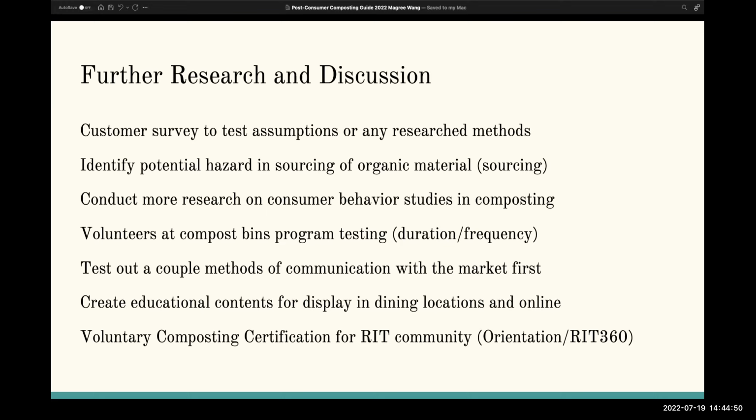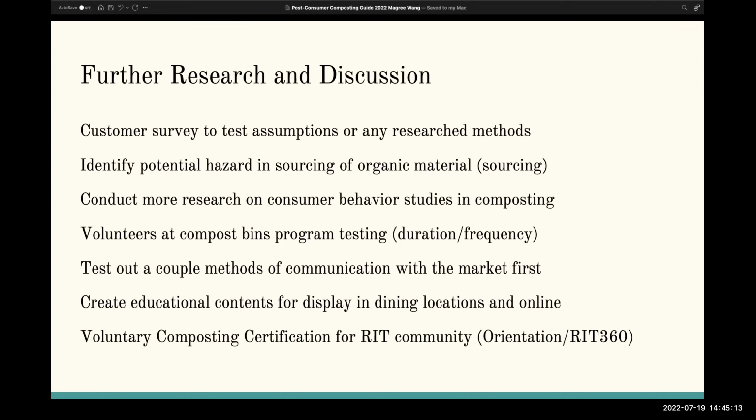So I was thinking perhaps more volunteering roles, or even asking AmeriCorps to have a paid position, like an AmeriCorps Vista position on campus that would focus on promoting composting or just the education of composting.